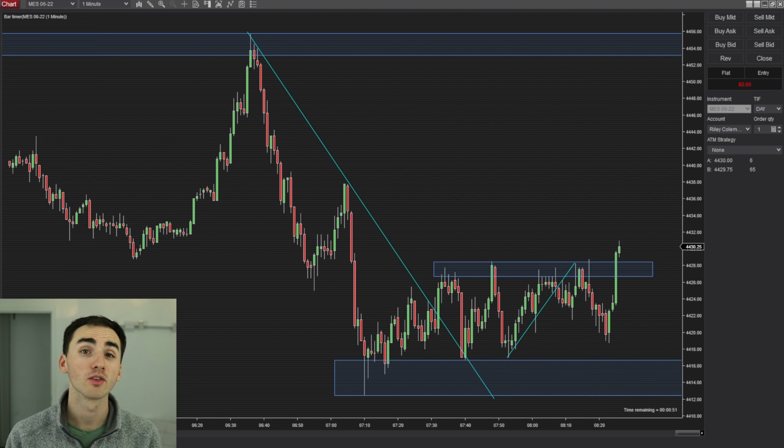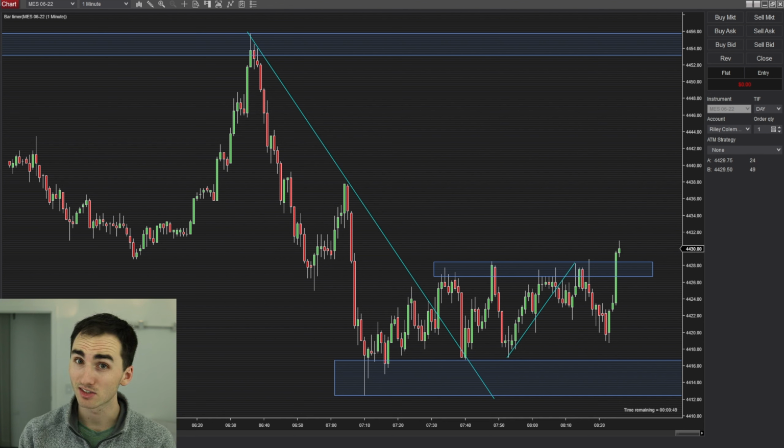It allows me to keep things really simple and not get caught up in everything that's going on. A really big thing that makes you lose a lot of money when you're trading is overtrading and trying to do too much at once. What this does is it allows you to just focus on key points in the market and have a predetermined plan of what to do in those areas.